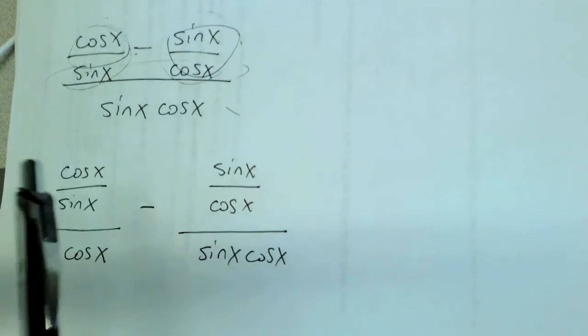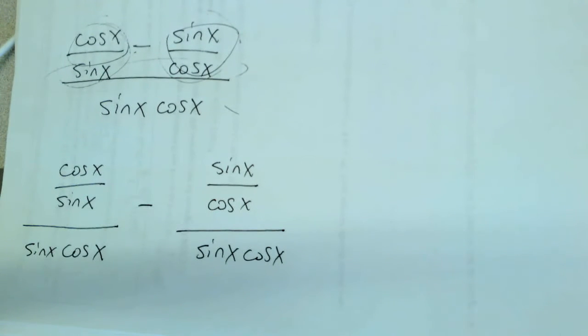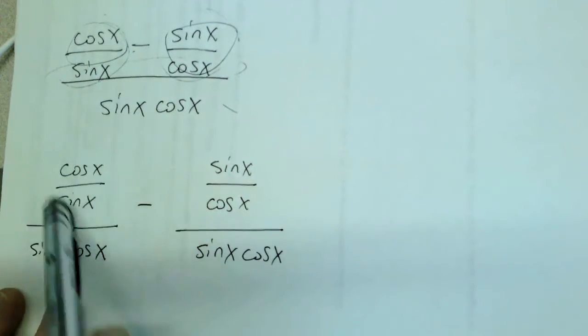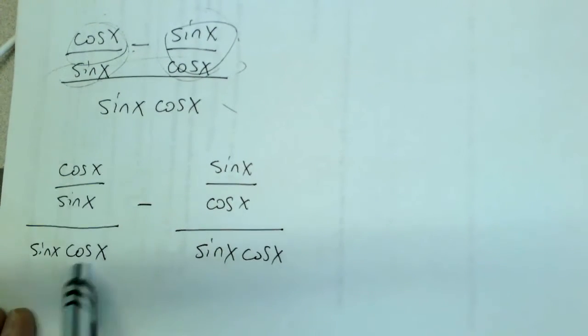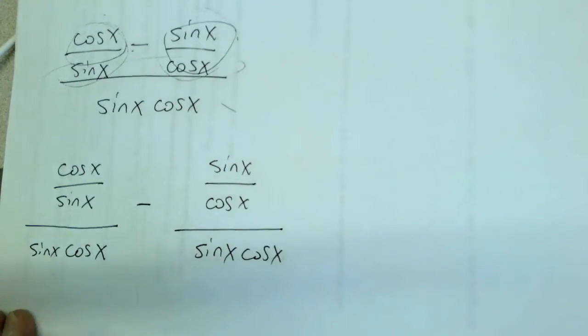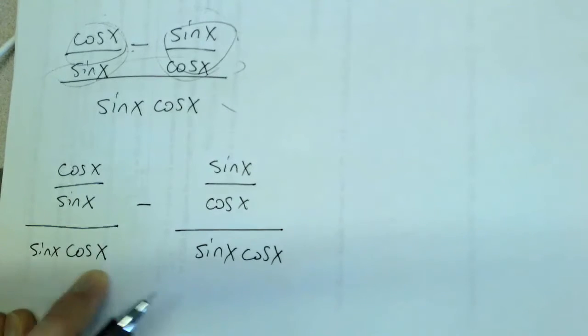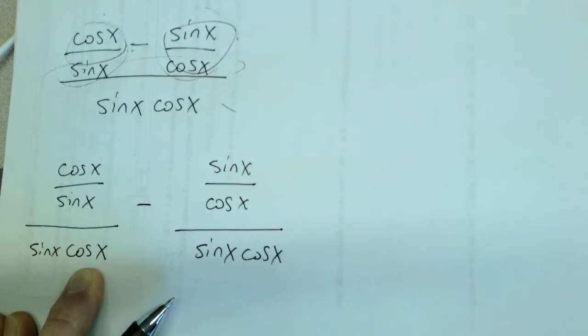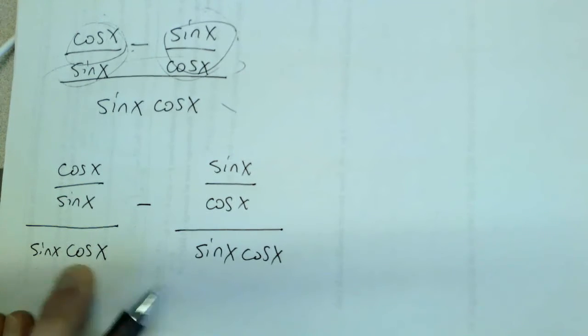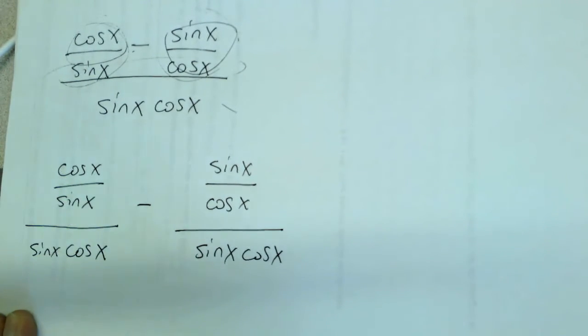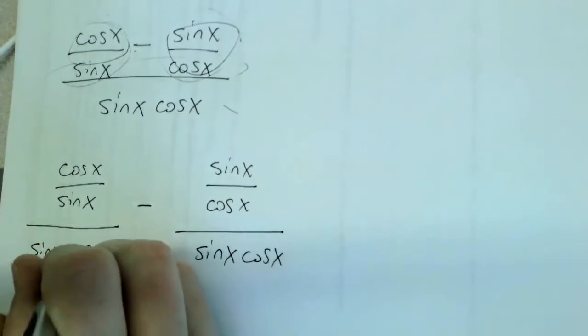Now, how do you simplify each of these guys? Each of those is a complex fraction, right? You've got fractions inside of fractions. Ultimately, to simplify those, you need a single fraction up top, which we already have, and a single fraction down below. Now, the object in the denominator is not a fraction yet, but you can make it one by putting sine x cosine x over 1.